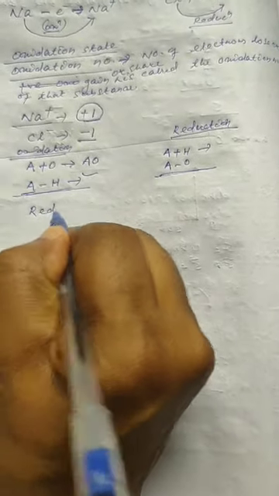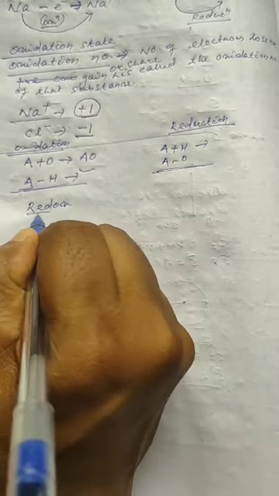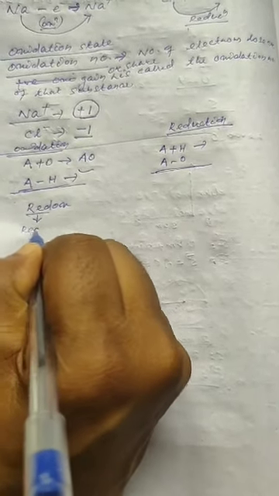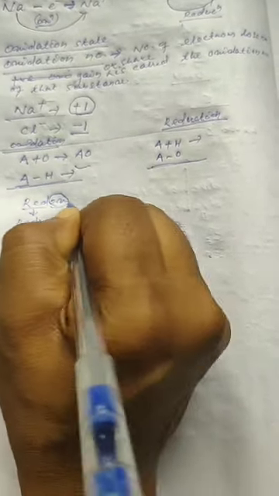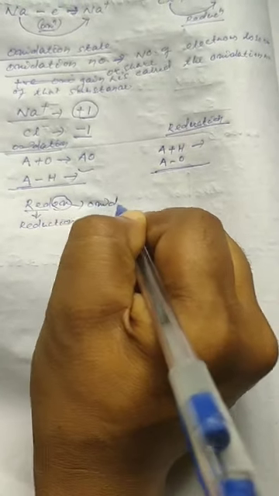This is very simple. Okay, so we'll come to the next thing, the more important thing you have to remember here, that is the redox reaction. What about the redox reaction? Redox: the red comes from reduction and the ox comes from oxidation.